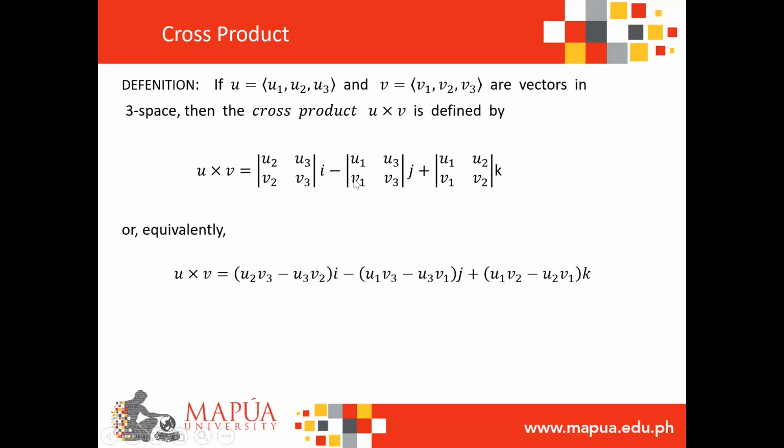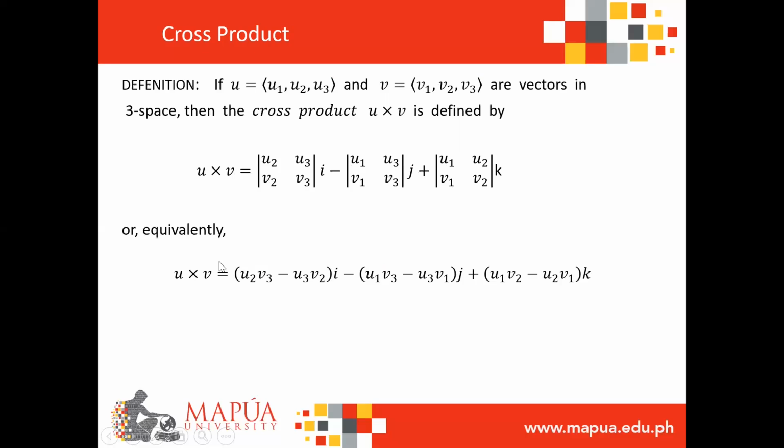So this is the result of obtaining the determinant, the cross product specifically, of the two vectors using cofactor expansion.